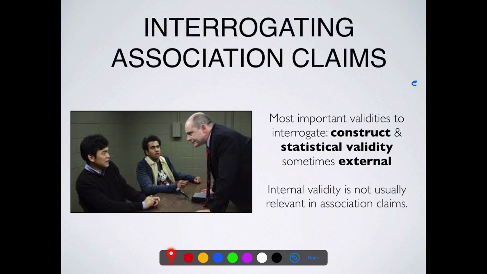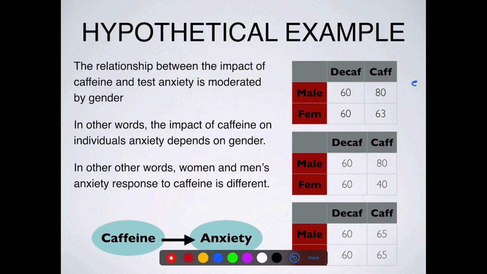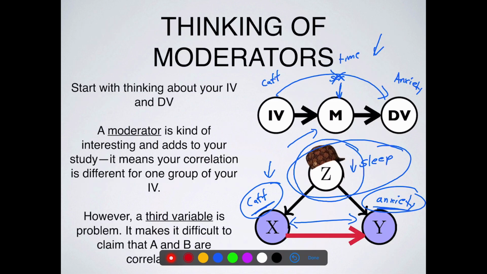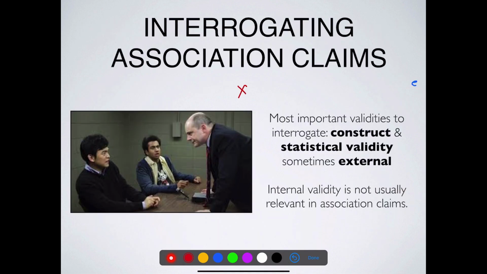Again, association claims. So just to clarify and to remind you all, a bivariate correlation is a type of association claim you can make. If you claim that one variable is related to another variable, that's a bivariate correlation because you're focusing on two variables, but it's also an association claim because you're not manipulating either variable, right?